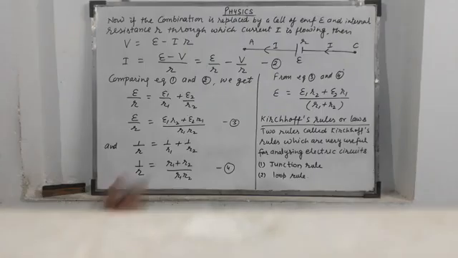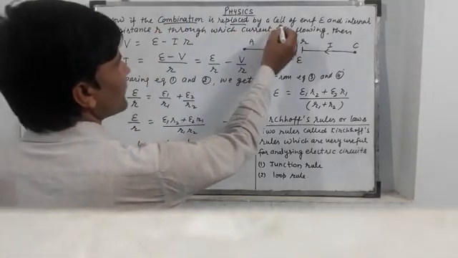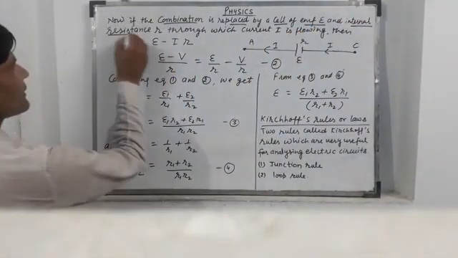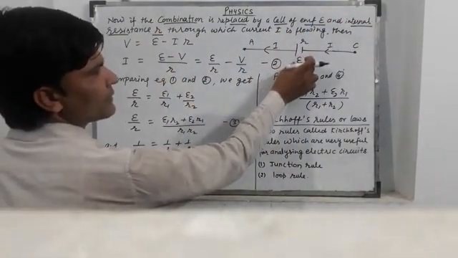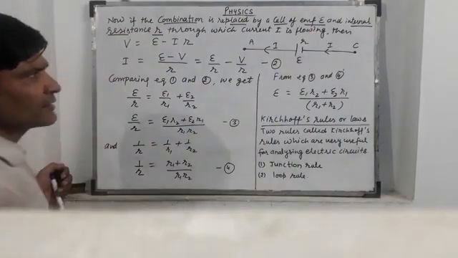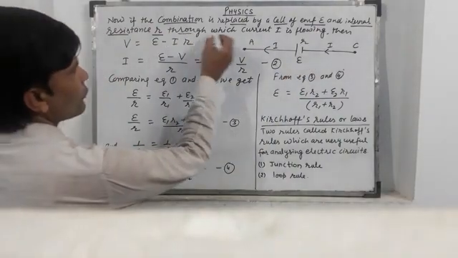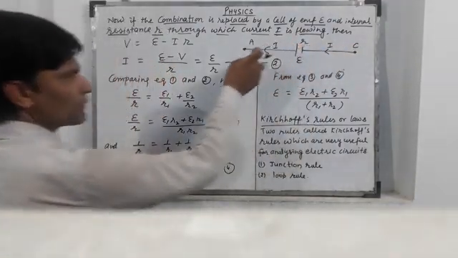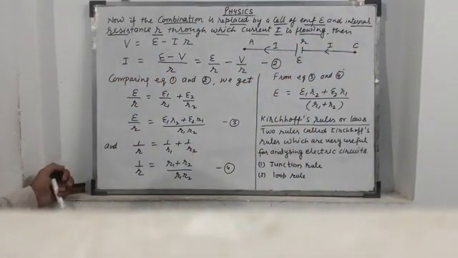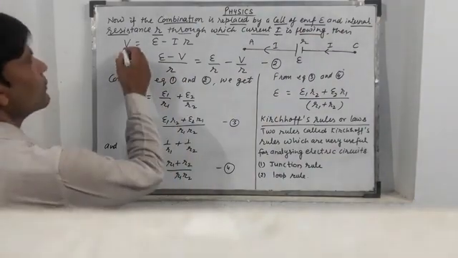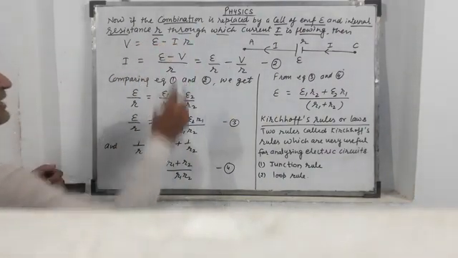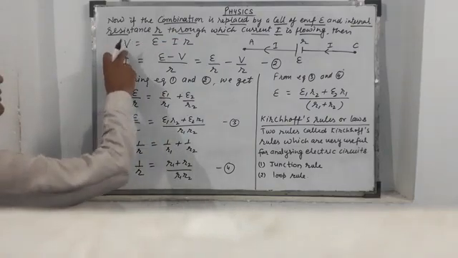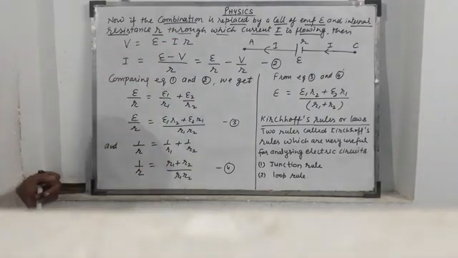Now, if the combination is replaced by a cell of EMF E and internal resistance R, through which current I is flowing, then V is equal to E minus IR, the relationship between terminal potential difference and EMF.